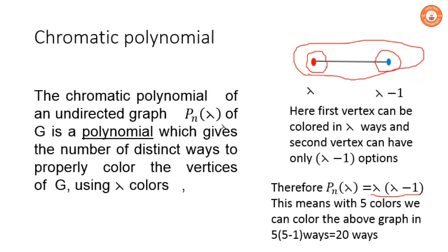Chromatic polynomial of an undirected graph is a polynomial which gives you the number of distinct ways of properly coloring the vertices of the graph using lambda colors. Here, if you are using 5 colors, the above graph can be colored in 5 into 5 minus 1, that is 20 ways.